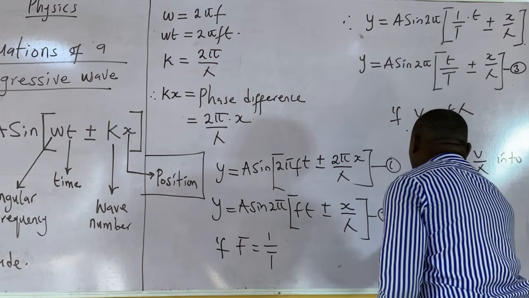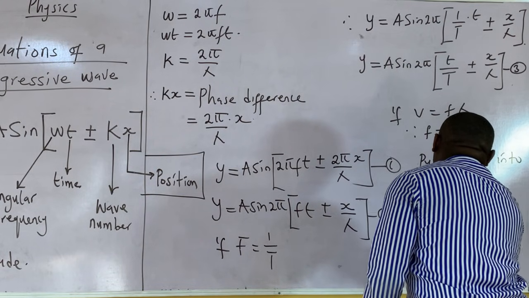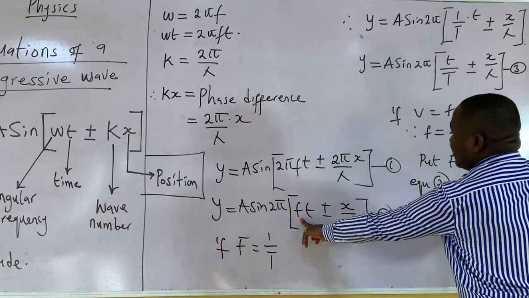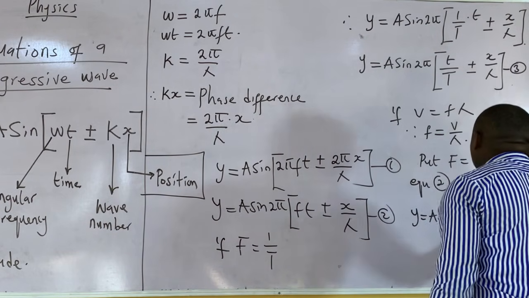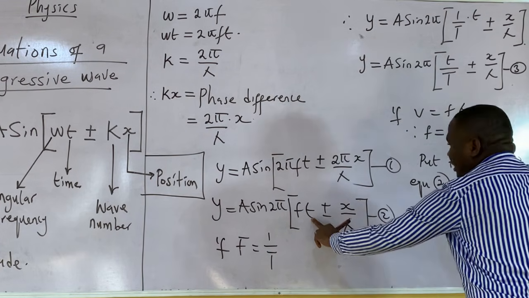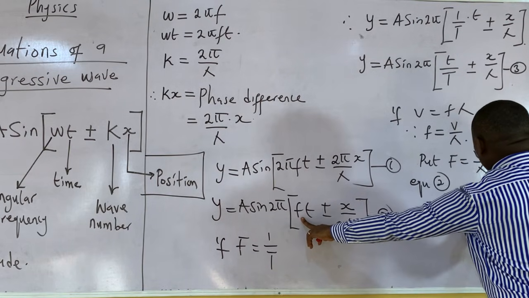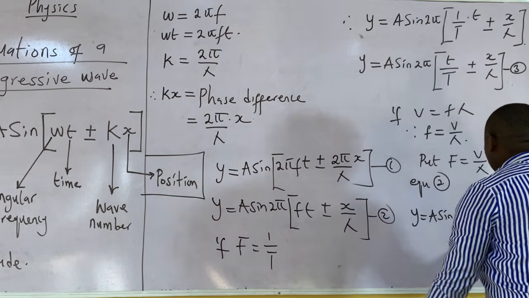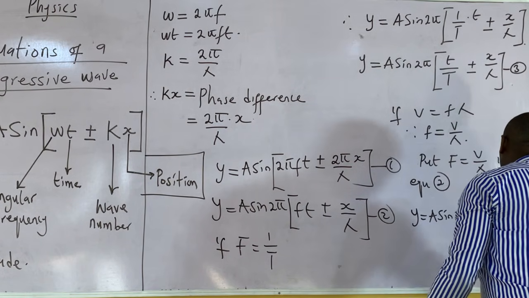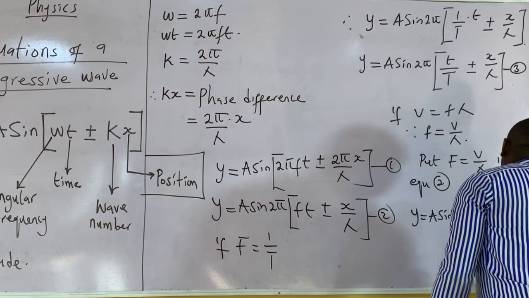I will now be having y is equal to A sine 2π open bracket, in place of f, I'll be having v over λ, there is a t, plus or minus x over λ. This is another equation, and we can call that equation 4.